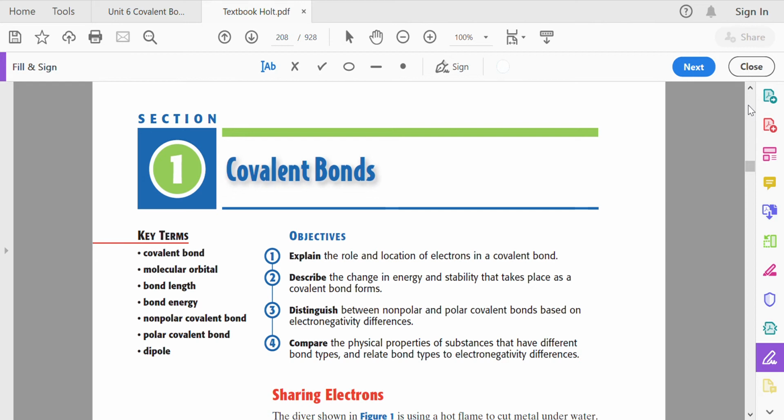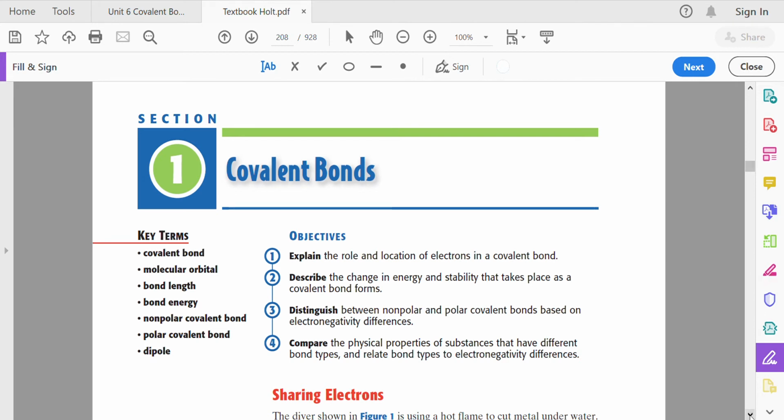So there's a lot of words in there that we're not familiar with. Covalent bond, molecular orbital, bond length, bond energy, non-polar covalent bond, polar covalent bond, and dipole.